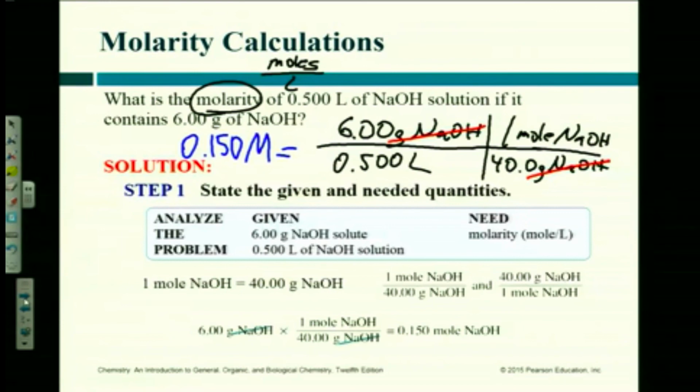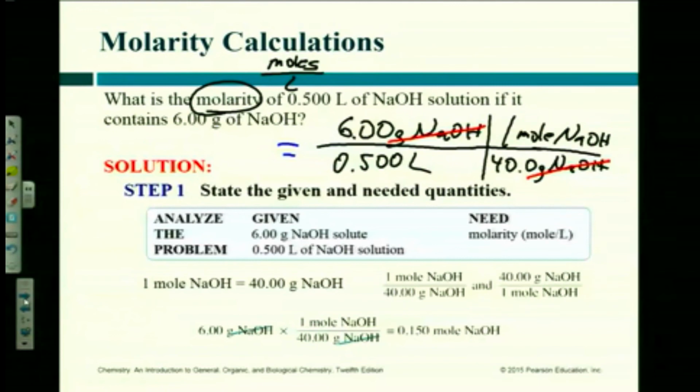0.50 molar. Okay? Oh, that's not right. I don't think that's right, because they haven't divided by the volume yet. What's the answer? 6 divided by 0.5 is 3. 3 over 40.